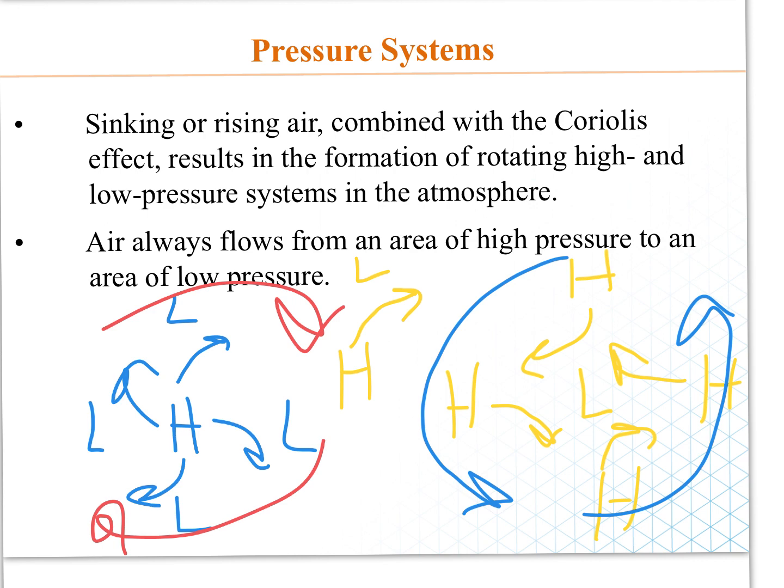Now, I always encourage you guys to draw out the little things that I talk about. But when you do that, I would put these letters with it. Hawk and lick. Lick and hawk are ways of remembering that when you have a center of low pressure, air is going to move inward, and you're going to get counterclockwise rotation.